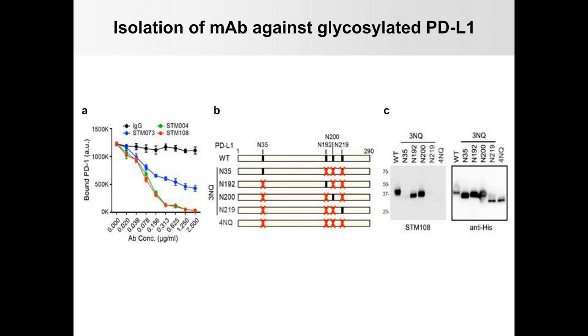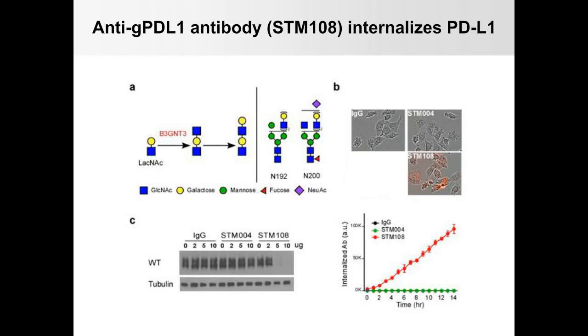We found out that the STM108 antibody can specifically recognize N192 and N200. And based on our earlier mass spectrometry analysis, we already know that there is a very unique glycan structure appearing on this N192 and N200, which are the two sites that can be recognized by our STM108 antibody.